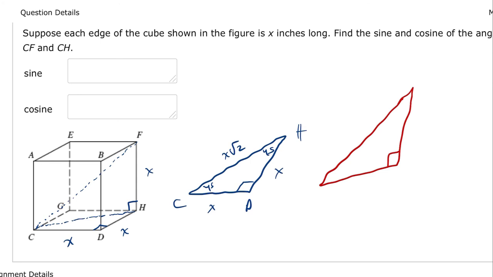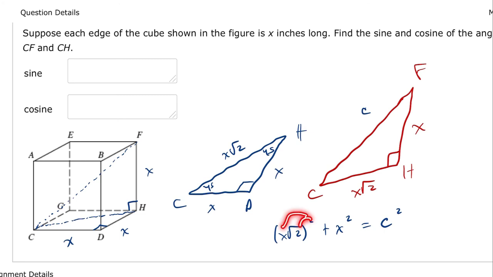So this is the bottom, which we found out is x radical 2. This is your CHF. This is x. And we're looking for the hypotenuse now. So if we do the Pythagorean theorem, we're going to get a squared plus b squared equals c squared. I'll call that c for now. When you square this, you're going to get x squared, and this becomes 2 because the square and the square root cancel.